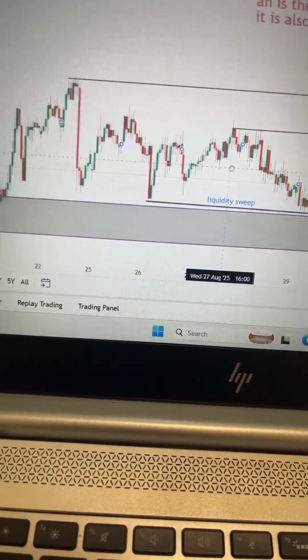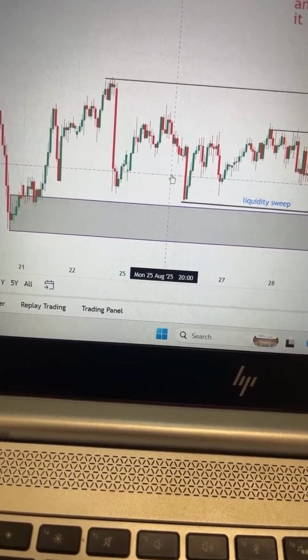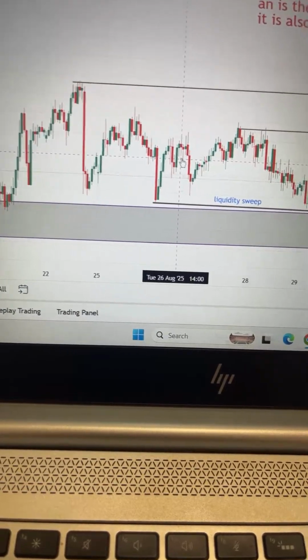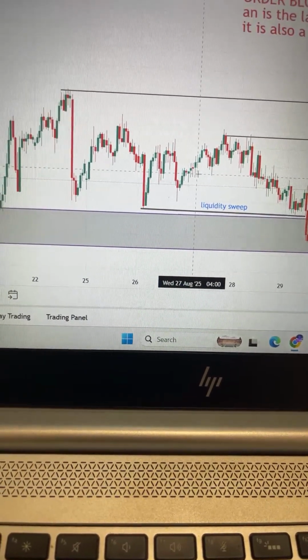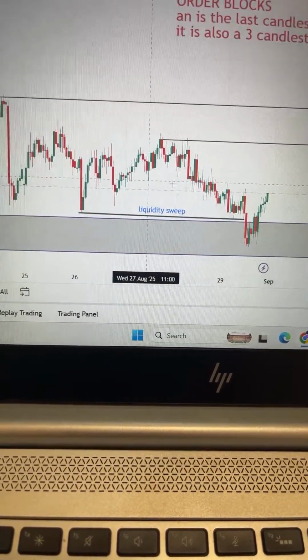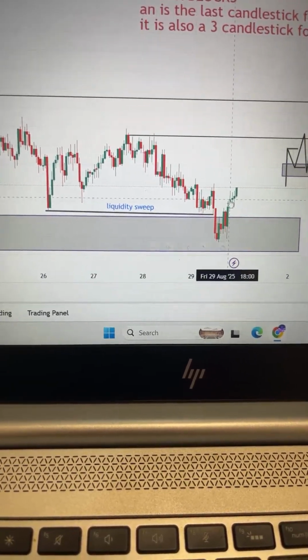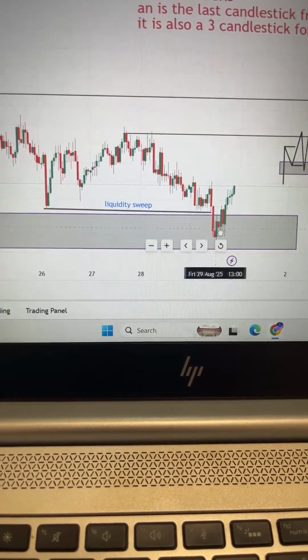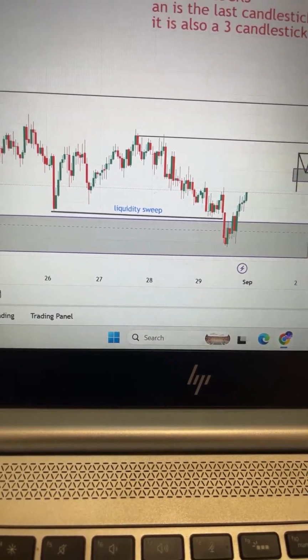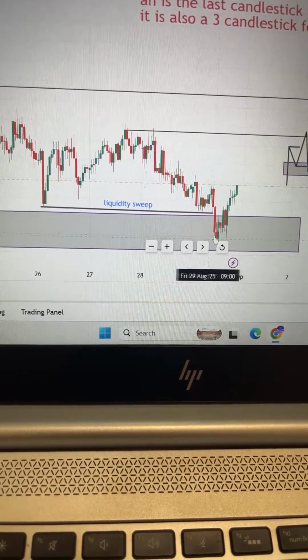Meaning this order block is valid. It's not invalid, it's valid. Now after seeing the liquidity being swept, then you just wait for it to tap into the order block, of which it's this. Then for it to tap on it and you enter for buys.